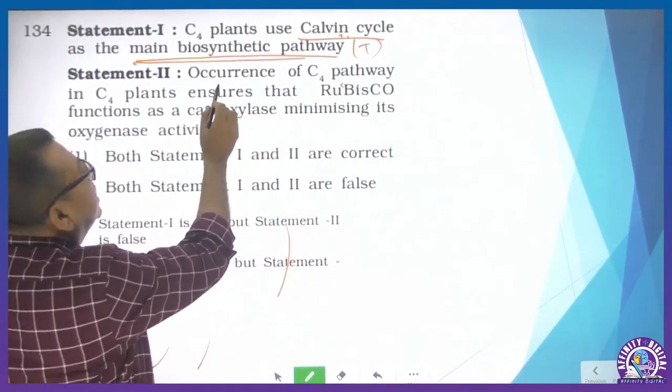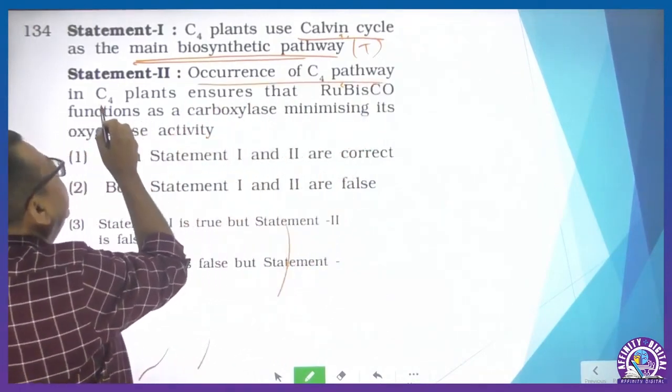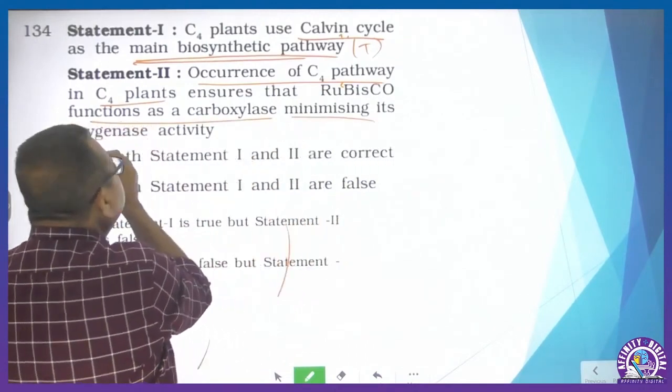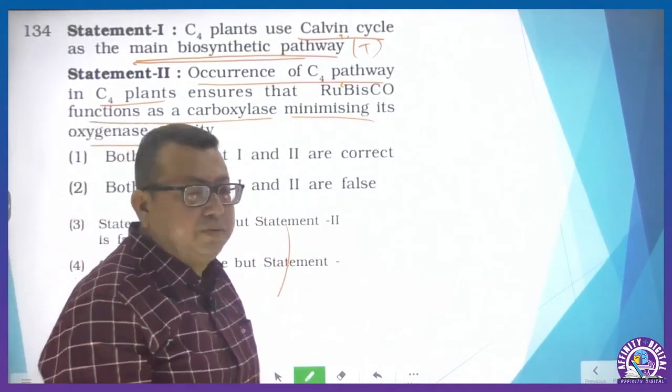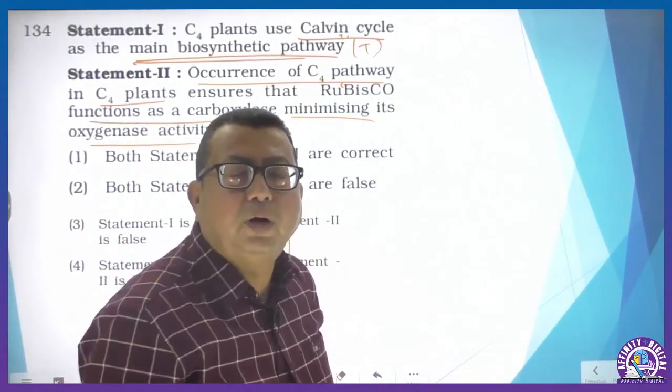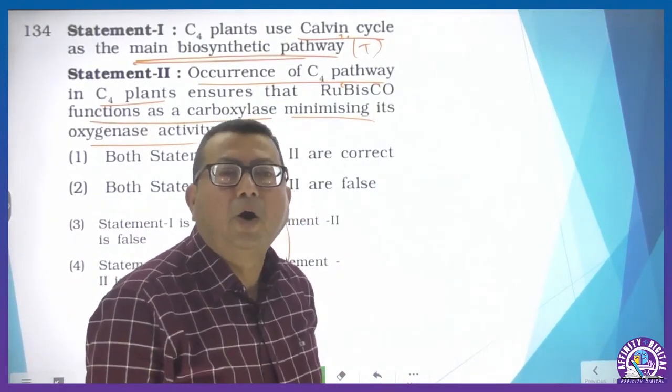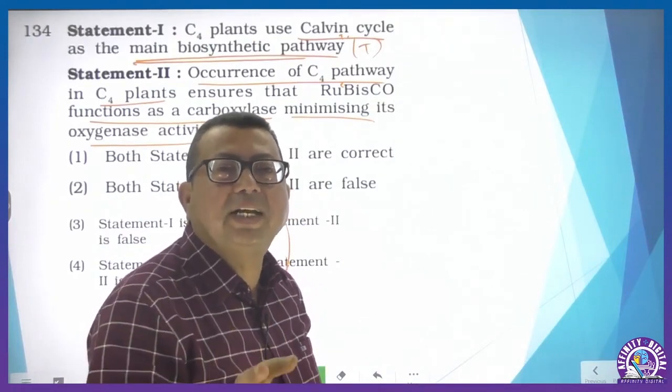In C4 plants, the occurrence of the C4 pathway ensures that Rubisco functions as a carboxylase, minimizing its oxygenase activity. In C4 plants, there is an additional carbon dioxide fixation pathway called the Hatch-Slack pathway, also called the C4 pathway.